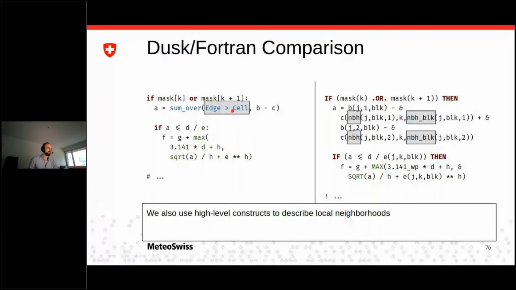Whereas in our case, the neighbor table is not used directly, but we describe which neighborhood we mean, and then the appropriate neighbor table is automatically used. Also more on this actual syntax later. We will learn about this tomorrow.